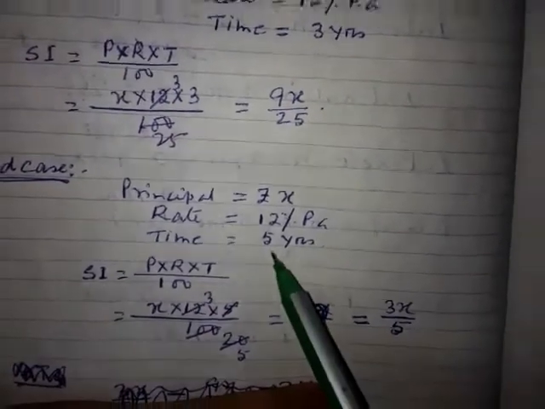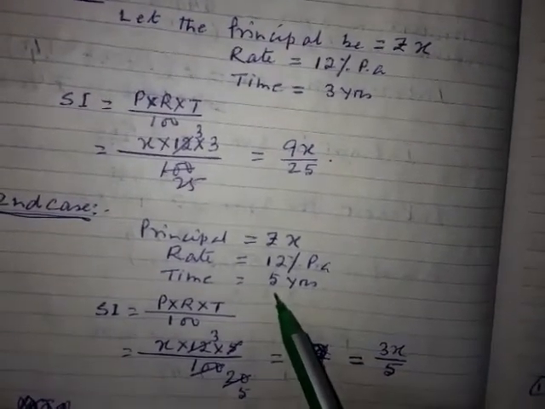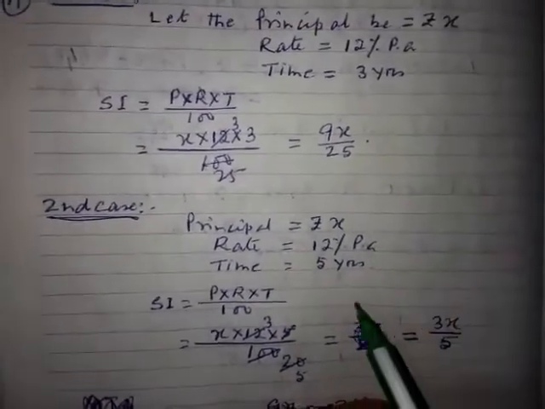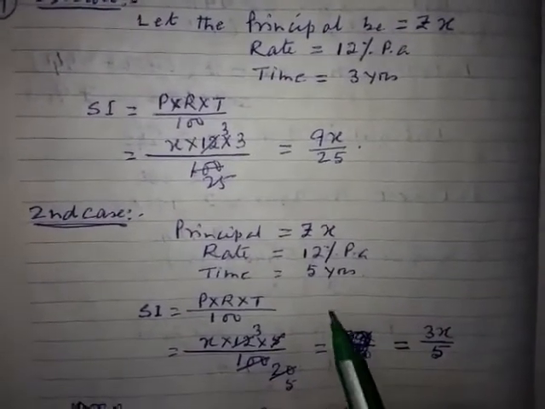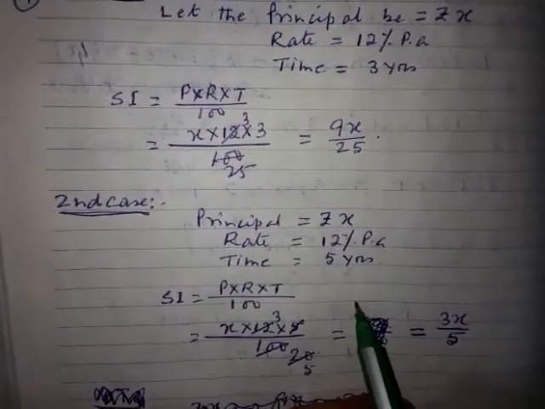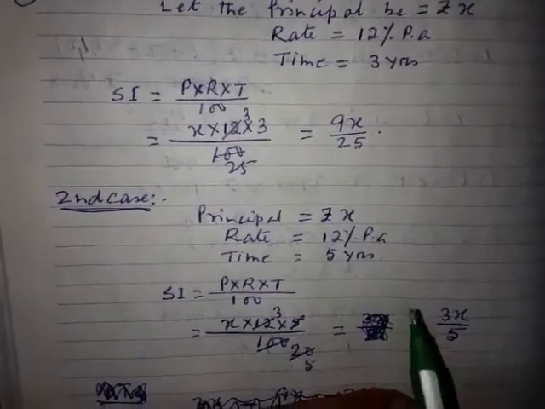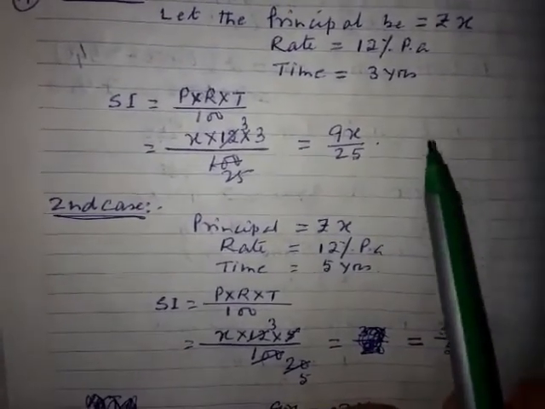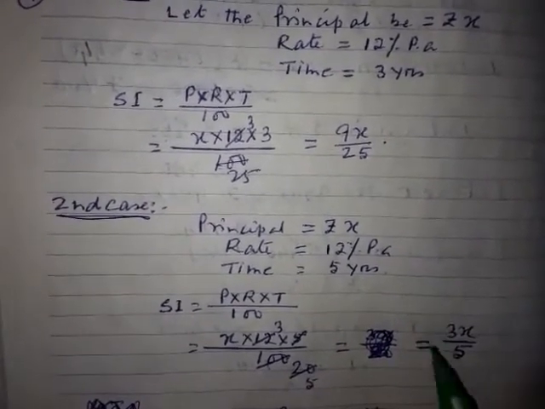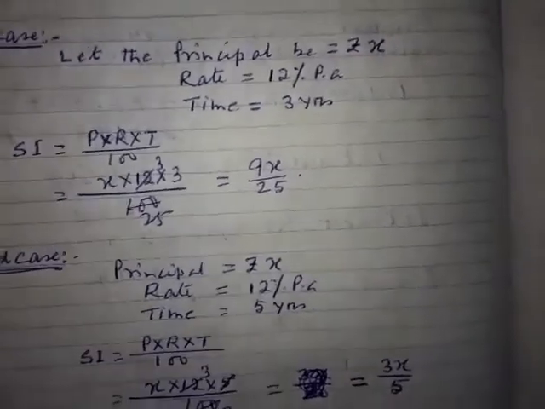Now here, same rate for 5 years, and there for 3 years. Which interest will be more? The interest you got for 5 years is definitely more than the interest you received for 3 years, or not? Now what is the difference between these two?